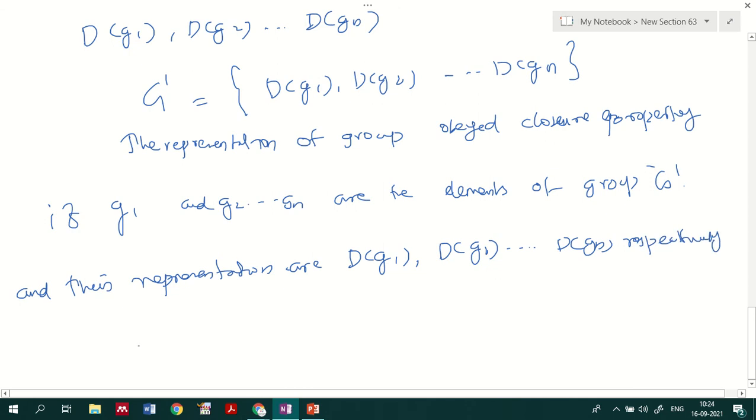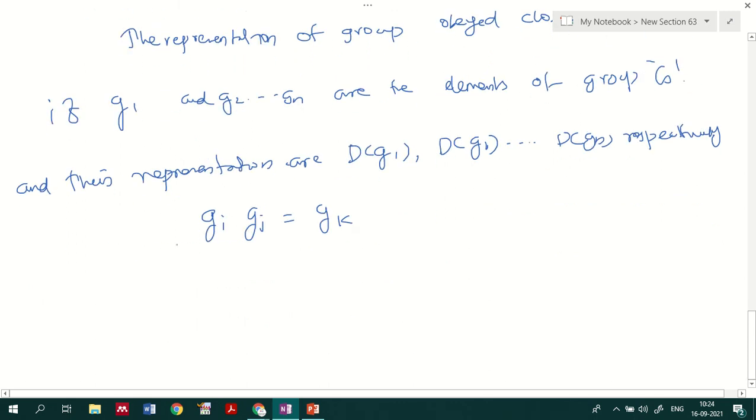So when you take Gi, Gj, two elements of a group, and Gk is the corresponding product, the representation in terms of non-singular matrices, that is d of Gi into d of Gj, will also result in d of Gk.